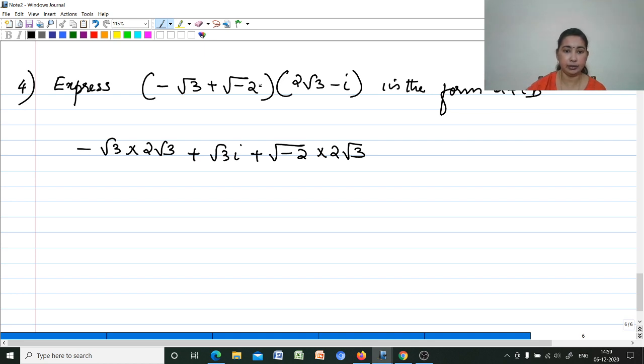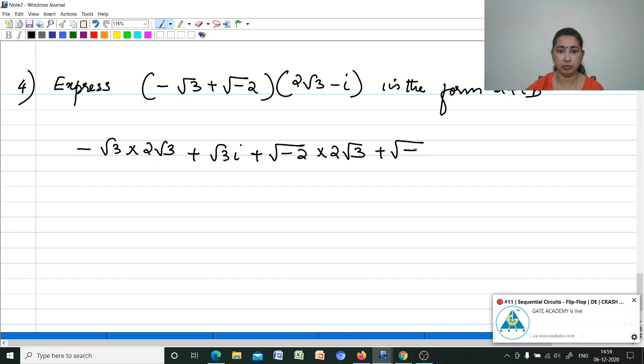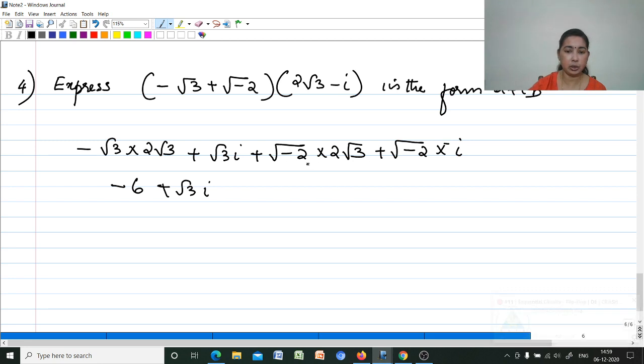Then last into last, second term into second term, that is plus root of minus 2 into i. So here 2 root 3 into root 3, 3 into 2 is 6, so minus 6. Then second term is plus root 3i. Then this is root 2 into root of minus 1 or root 2i. So root 2 into 2 is 2 root 2, 2 root 2 into root 3 is plus 2 root 6i.